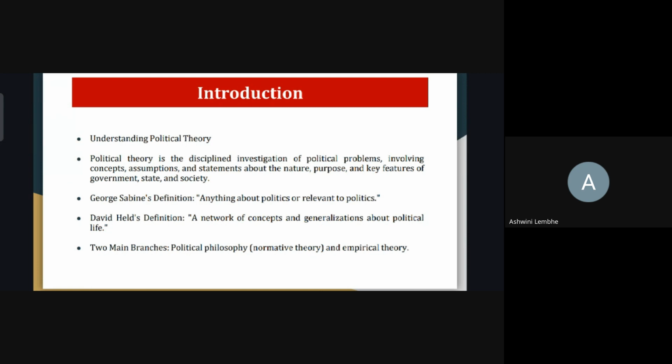Initially, when we begin with the state, various philosophers and thinkers contributed through their different texts and works to the discipline of political science. They tried to give us the best form of government. You can take Plato's Republic, a famous book written by Plato.